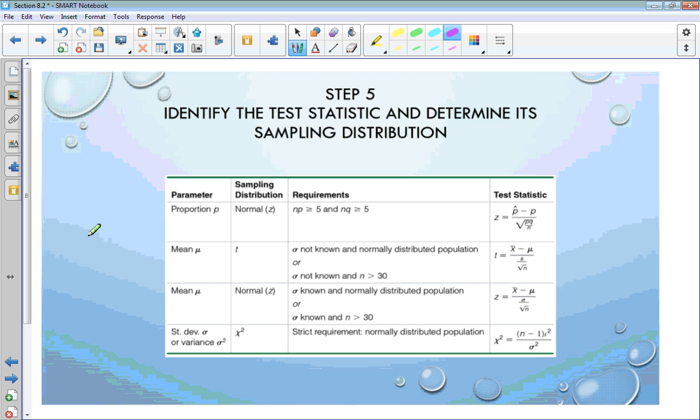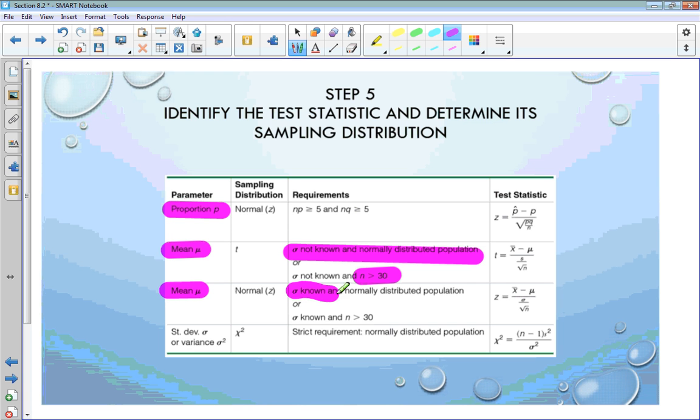So then we need to identify the test statistic, and it all depends on what we're testing. The ones that we're going to be worried about in this course are the population proportion, the mean when I do not know my standard deviation and it's normally distributed or n is greater than 30, and the mean, which would be the normal z, when our standard deviation is known and the population is normally distributed, and n is greater than 30.